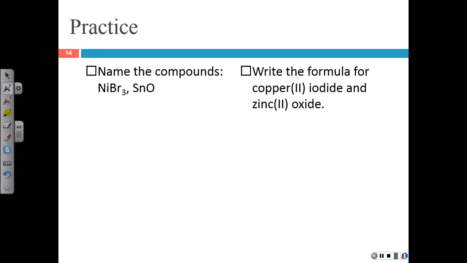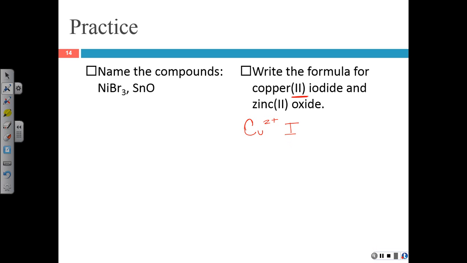Okay, so let's write the formula. We'll start over here. So we have copper. If you didn't know, it's Cu. We're given the oxidation state of copper. It's 2.